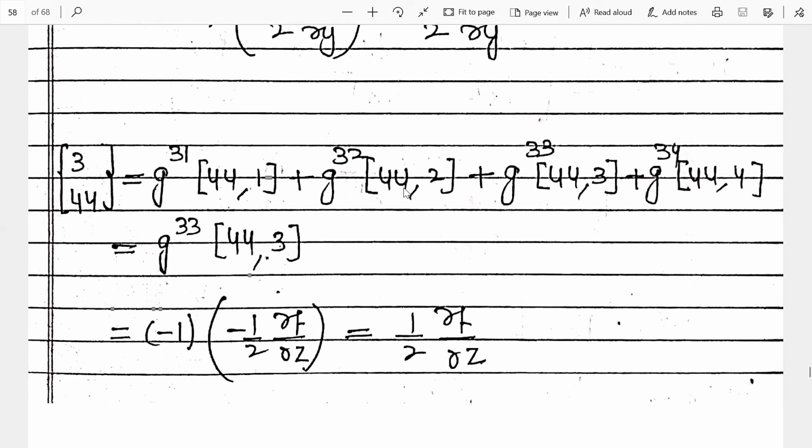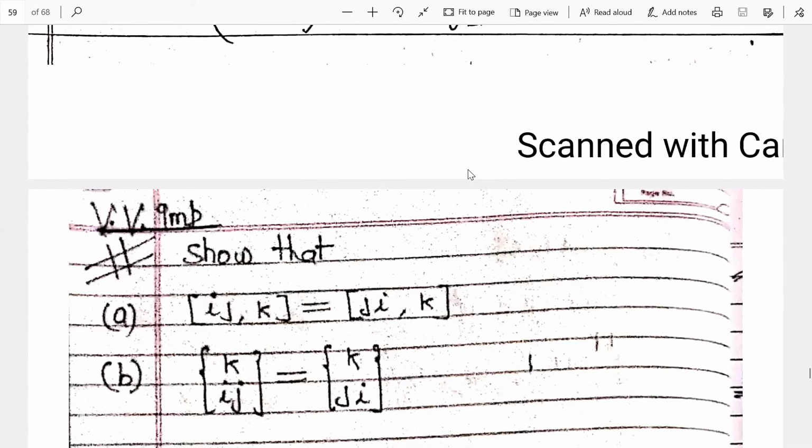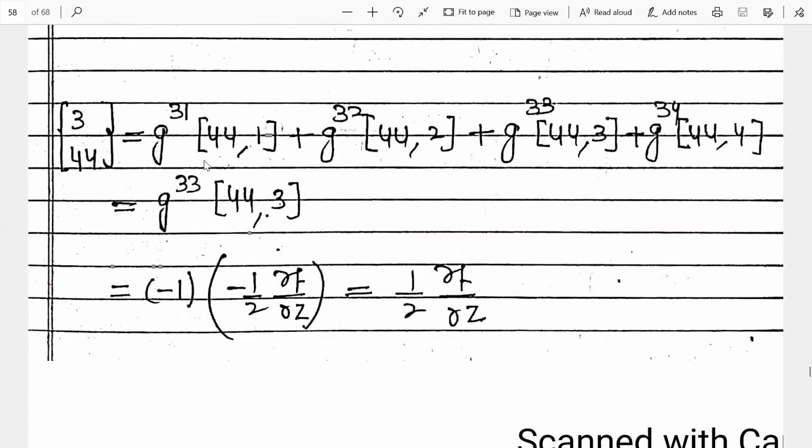By using this method, we can find the Christoffel symbols of the first kind as well as the second kind. So practice all of these questions. Now, next are the properties of these symbols, which is of the first kind and which is of the second kind, that we will discuss in the next lecture. So practice finding the Christoffel symbols of the first kind as well as the second kind.